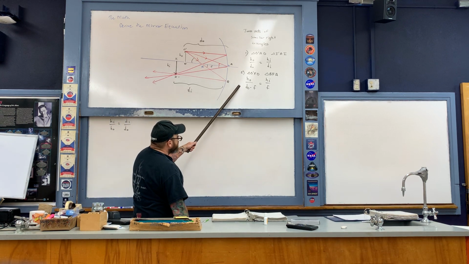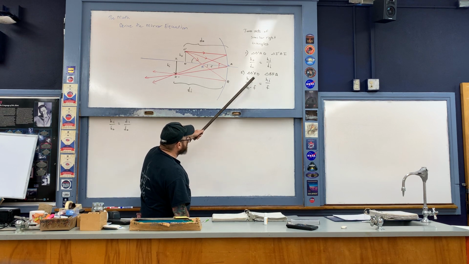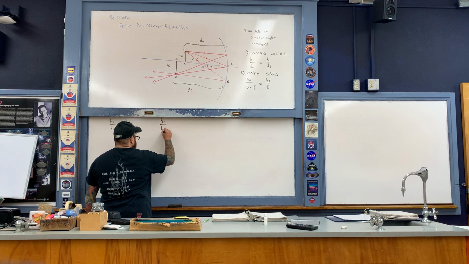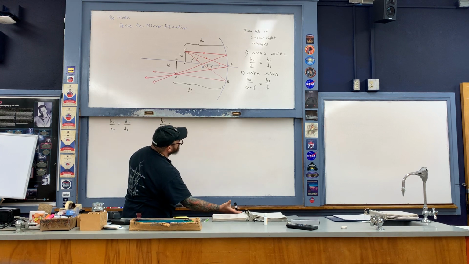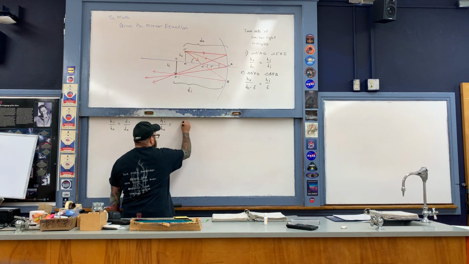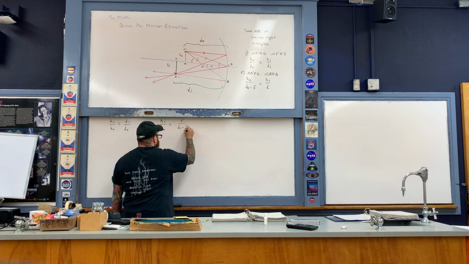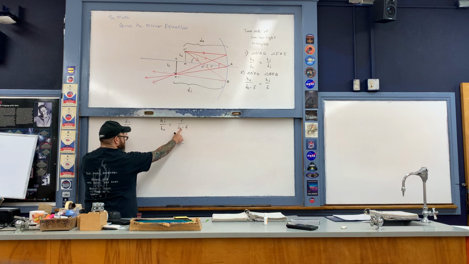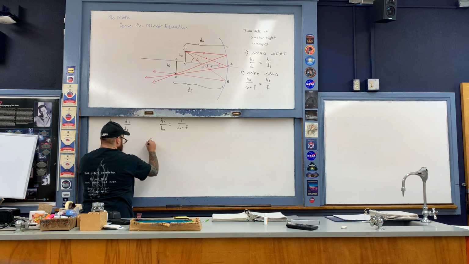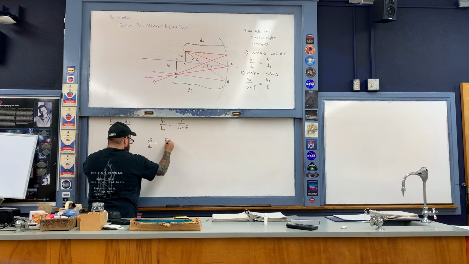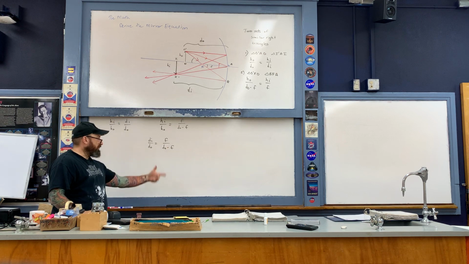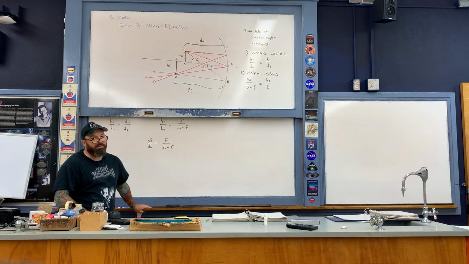Do the same thing for this one: write this as HI over HO, and when you cross multiply appropriately, you get F over DO minus F. Now take the two right-hand sides and set them equal to each other, and you end up with an expression that relates the three distances to each other.